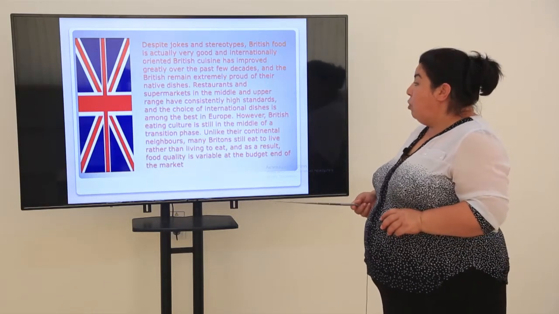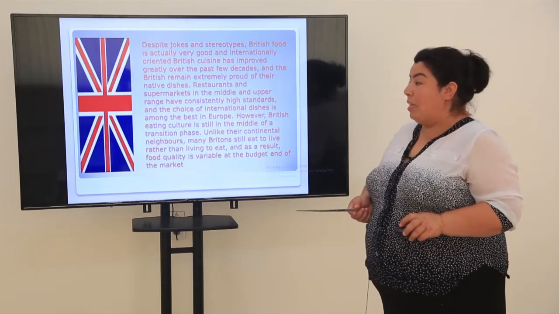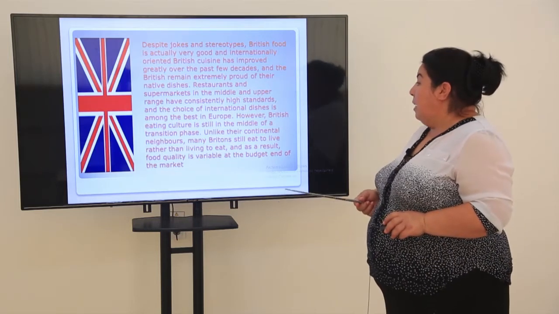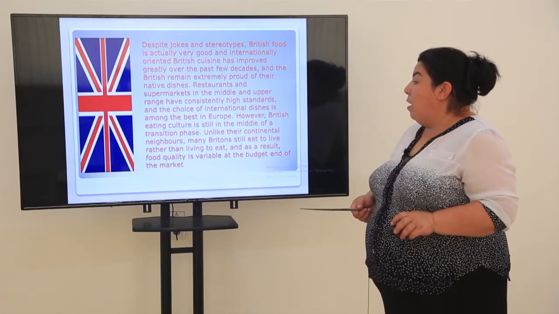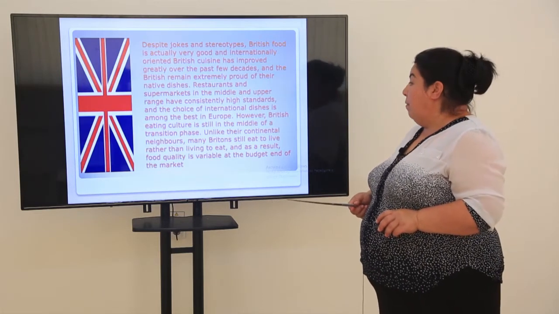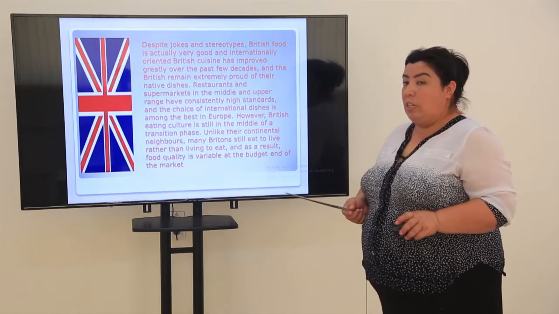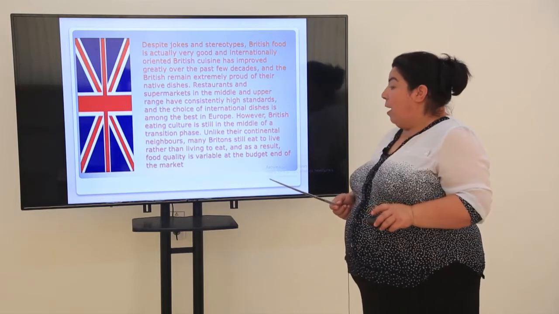However, British eating culture is still in the middle of a transition phase. Unlike their continental neighbors, many Britons still eat to live rather than living to eat. And as a result, food quality is variable at the budget end of the market.